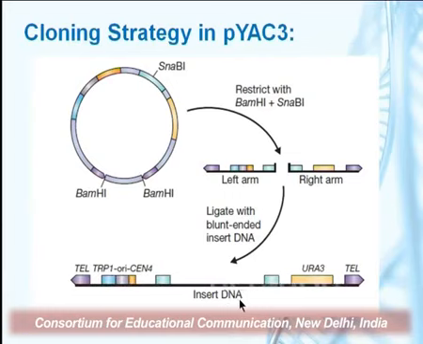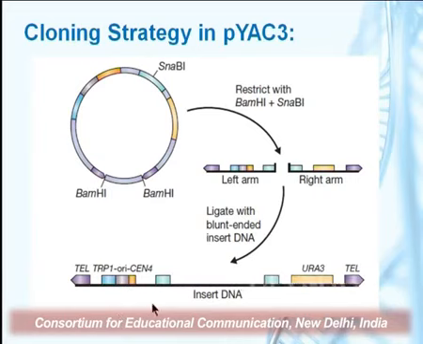Now, whatever gene of interest is there, such a molecule which is formed can then be introduced into yeast to select. If a recombinant plasmid is present, then the SnaBI site is inside the SUP4 gene.